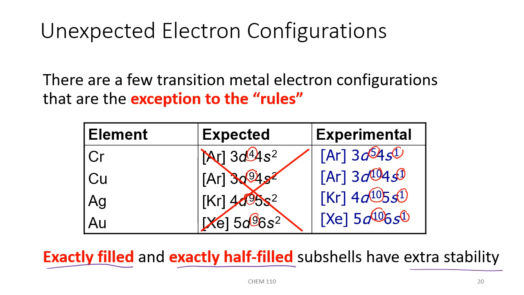So by promoting one of the s electrons to the d, we're half filling the s, and we're either perfectly filling the d or we're half filling the d, as in the case of chromium. So it leads to that element being a little bit more stable, having its electrons arranged in this fashion.